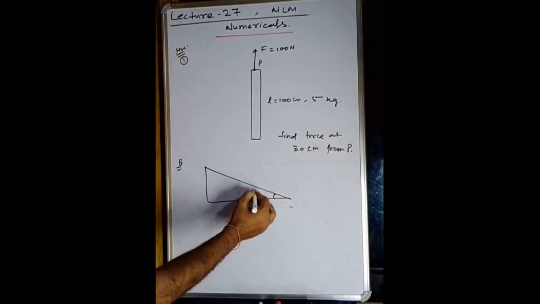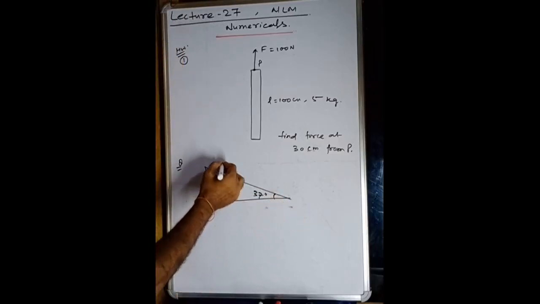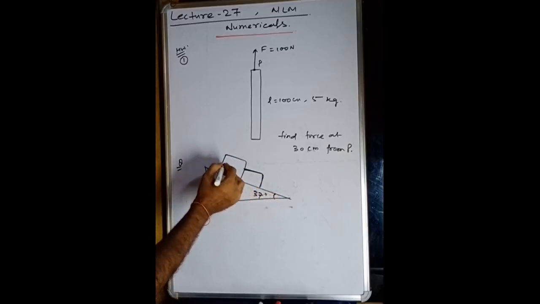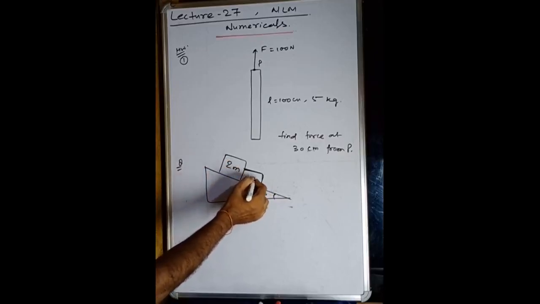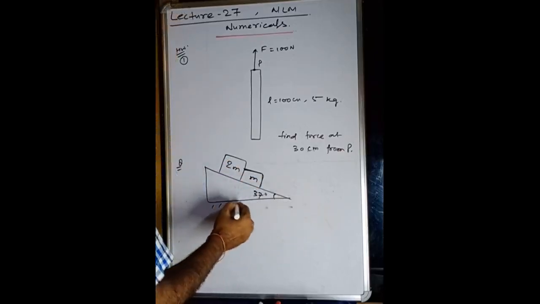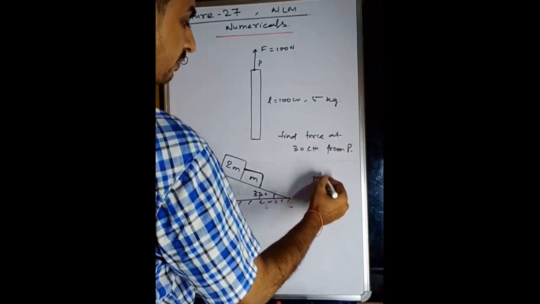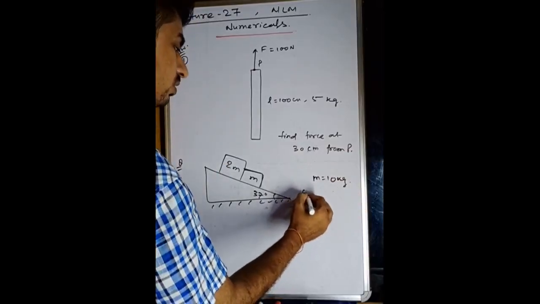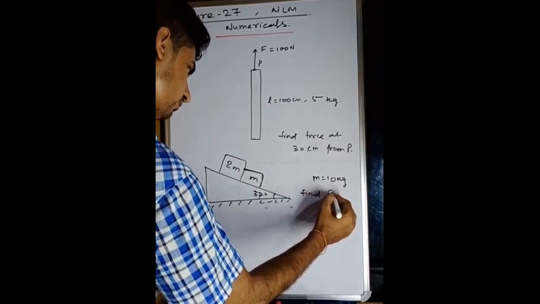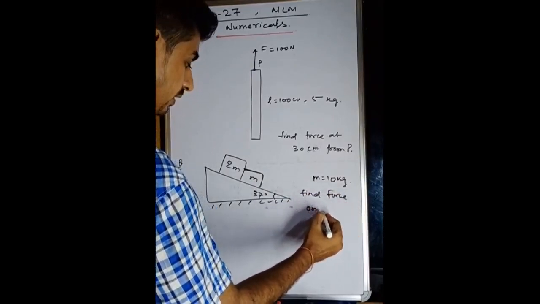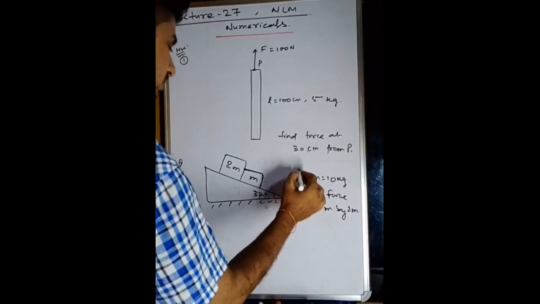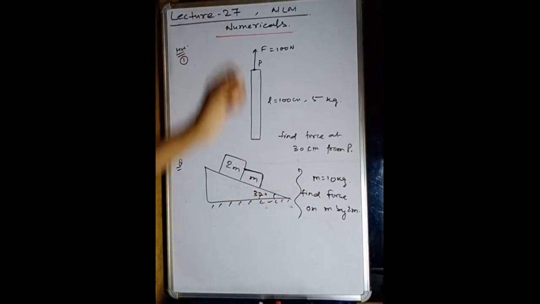The angle is 37 degree. Two blocks are kept, 2m and m. This is fixed. If m is 10 kg, you have to find the force on m by 2m.